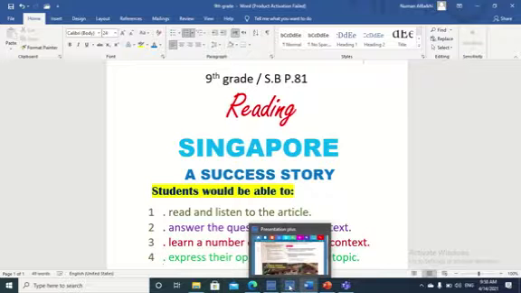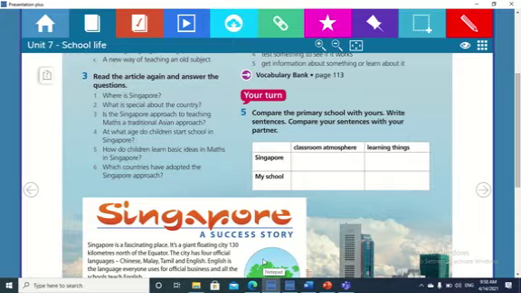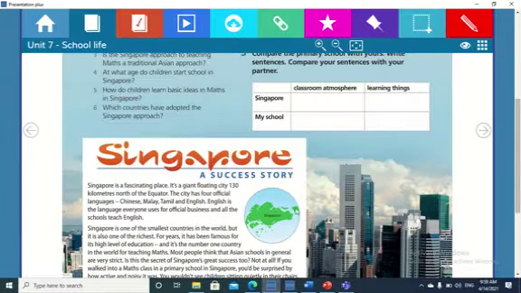This is on page 81. Of course, this is student book, page 81, Singapore. As you can notice, we have these two photos. This is the map of Singapore, and here's a photo taken from Singapore.